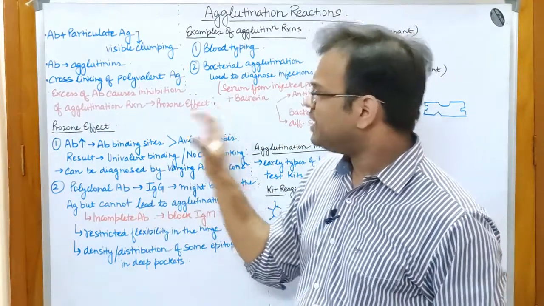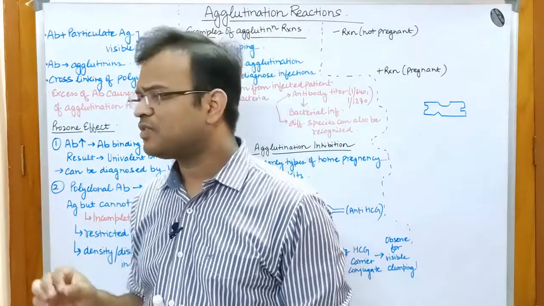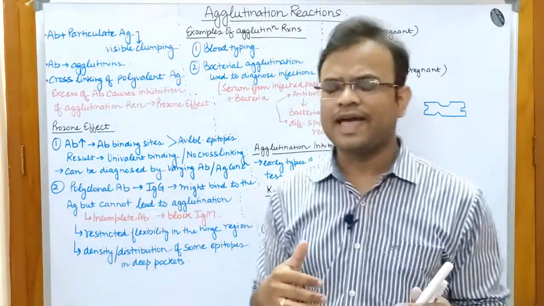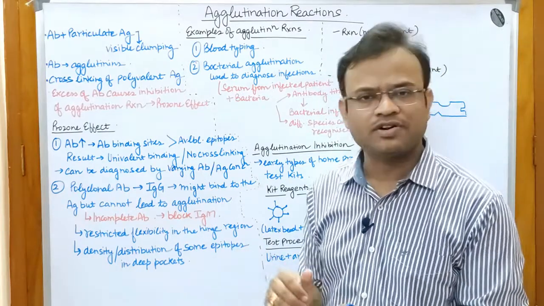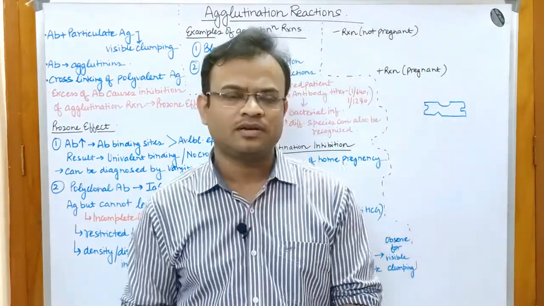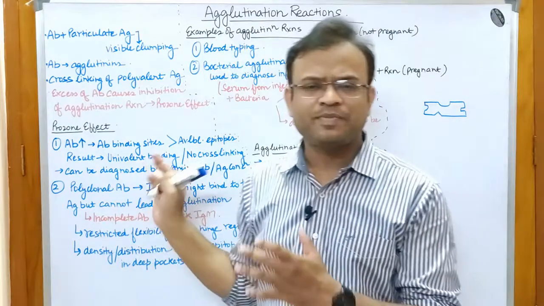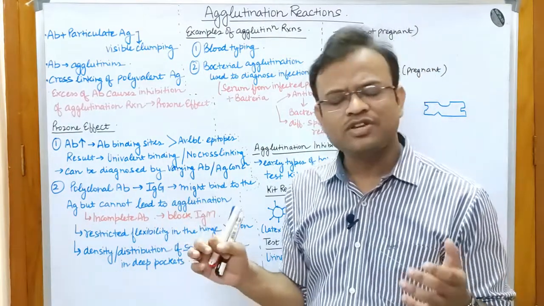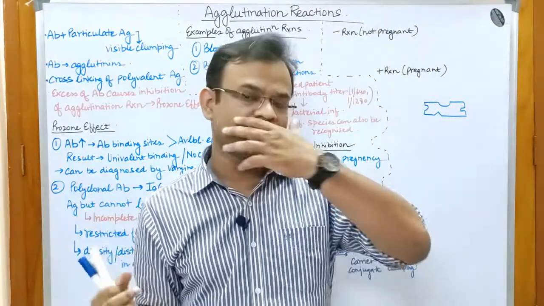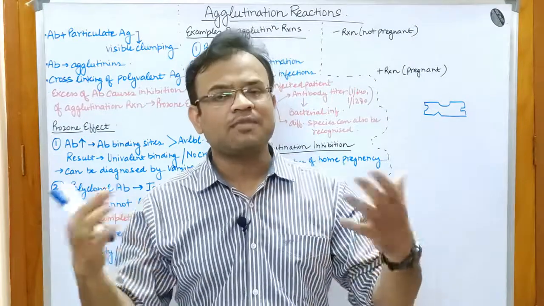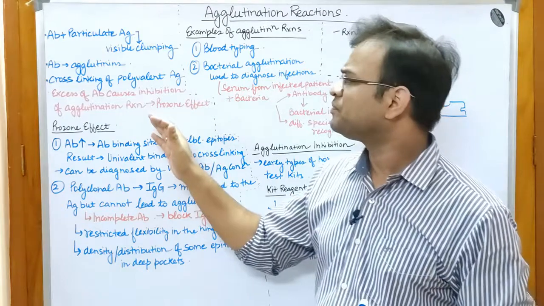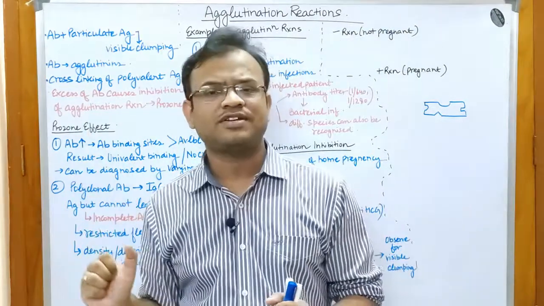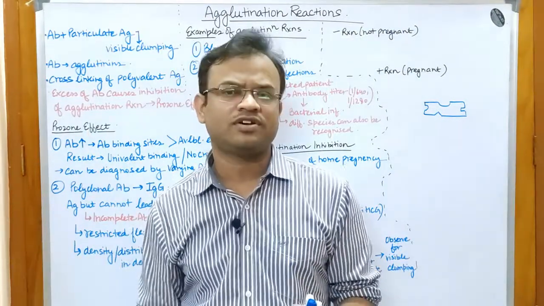Now the next concept is that excess of antibody causes inhibition of agglutination reaction. What does this mean? This is true for precipitation reactions also, that whenever you use an excess of antibodies, that means a high amount or high concentration of antibodies, you would not see agglutination reaction, or this would inhibit agglutination reactions.